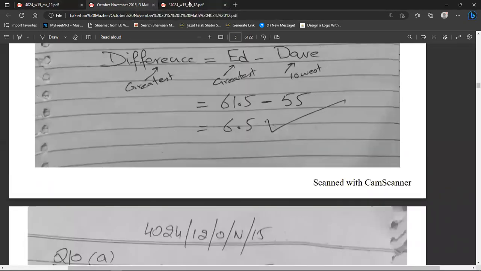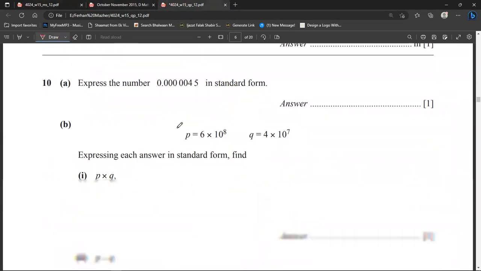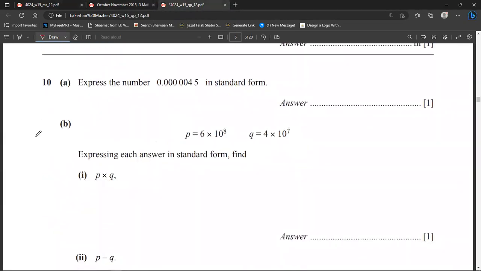Okay, so then we have the next question, number 10. Question number 10, A part, it says express the number 0.0000045 in standard form. So I will move this decimal 1, 2, 3, 4, 5, 6 places.